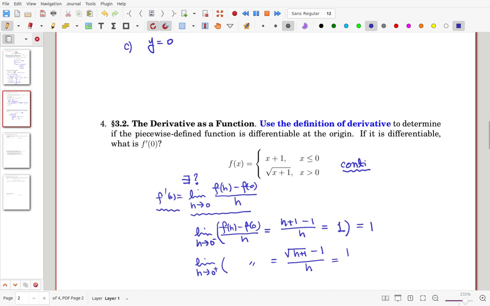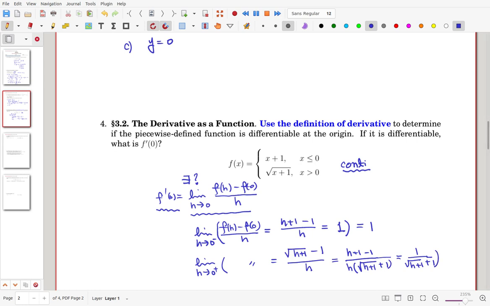Then the top will be changed into h plus 1 minus 1. The bottom will be changed into h times the conjugate, square root of h plus 1 plus 1. Okay. So h can be cancelled out, and we have 1 over square root of h plus 1 plus 1.